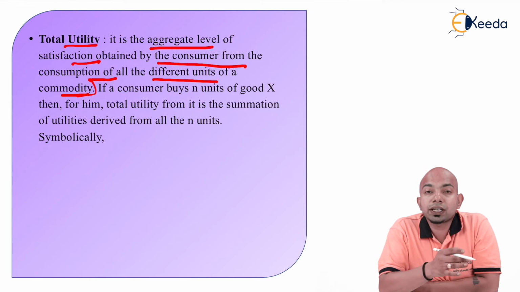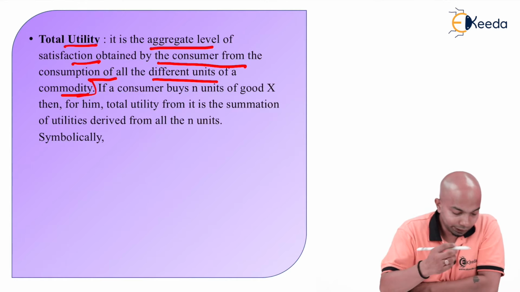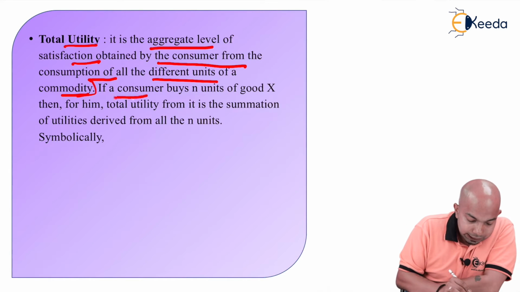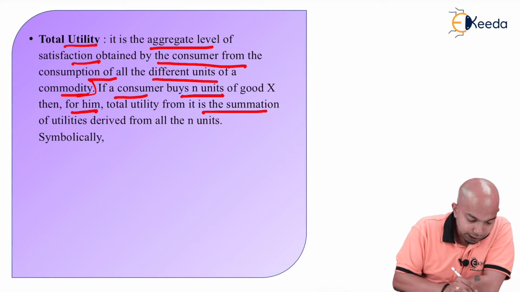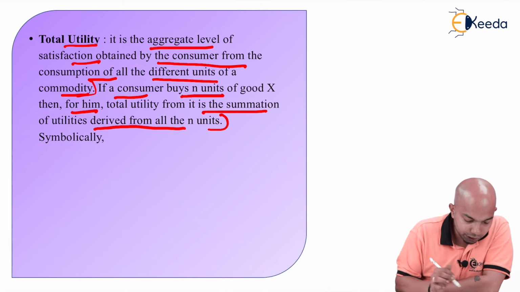What level of satisfaction he has derived can be figured out using this total utility approach. If a consumer buys n units of good X, then for him total utility from it is the summation of utilities derived from all the n units.